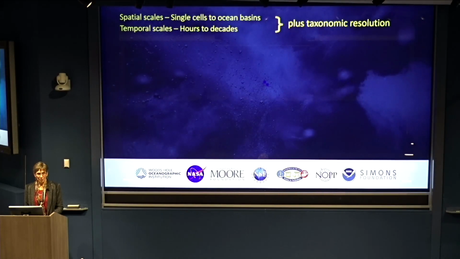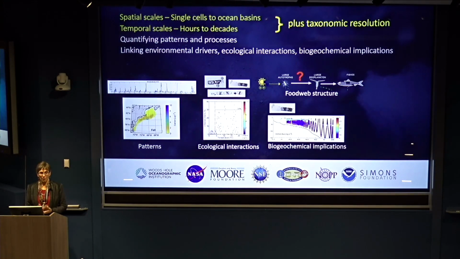So I've tried to show you tonight how imaging approaches give us the tools that we need to meet spatial and temporal scale challenges in the ocean at the same time that we get critical taxonomic resolution at the microscopic scale. I can't overstate how important I think that is to help us understand patterns and processes of change in this important part of our planet, how they're linked to environmental drivers, the way that microscopic organisms are interacting, and what the biogeochemical impacts of those interactions may be.